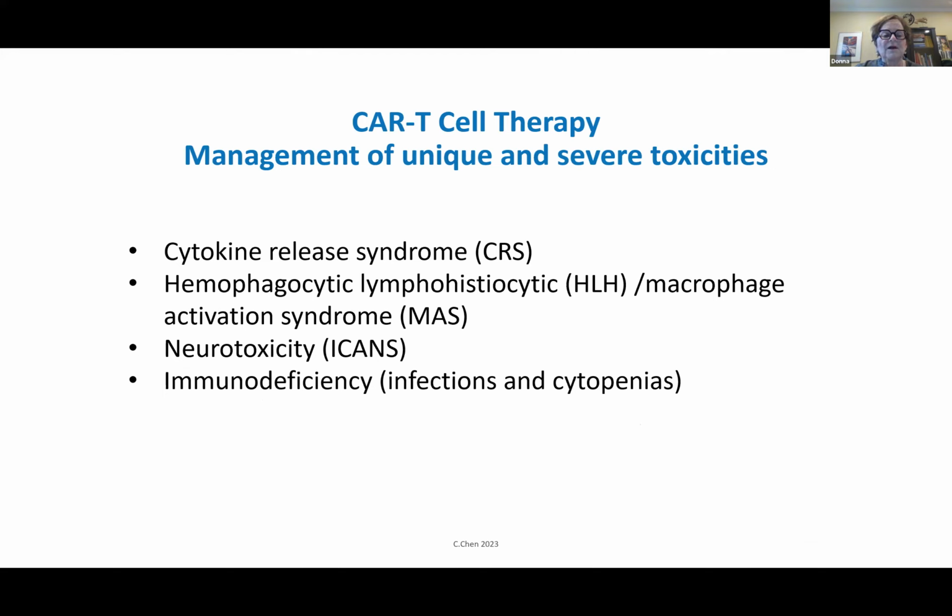I won't talk about the hemophagocytic lymphohistiocytic activation syndrome. It's poorly understood. It's seen in several other situations, but it is a complicated entity that's quite rare.